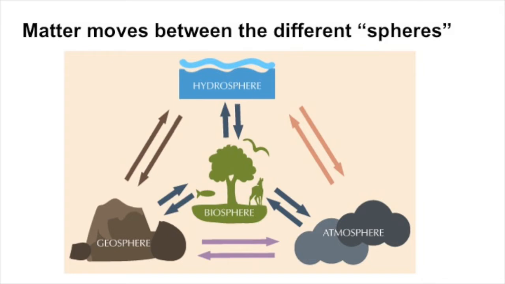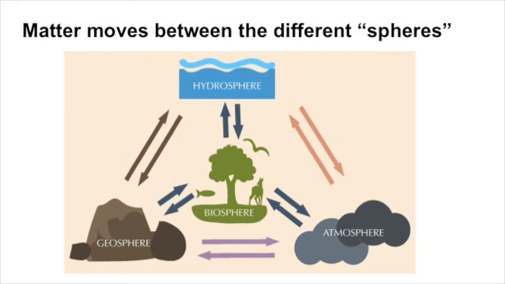And the 4 spheres are the hydrosphere, which includes all the water bodies on Earth, the oceans, the rivers, the ponds, etc. The atmosphere, which includes all the gases that surround our planet, such as carbon dioxide, methane, sulfur dioxide, oxygen, water vapor.